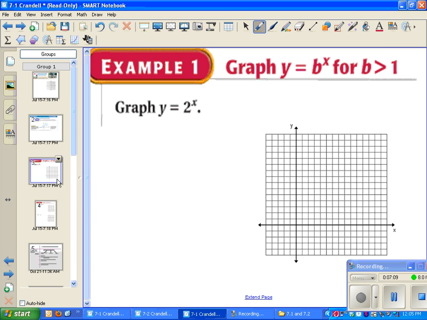And then here's another example. So this part doesn't have an a. So we're going to graph y equals 2 to the x. So we can use -2, -1, 0, 1, 2. Normally, when we graph, we just usually use 0 and 1.